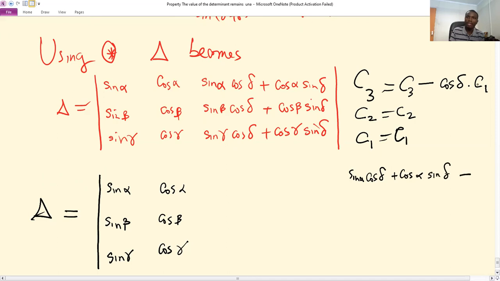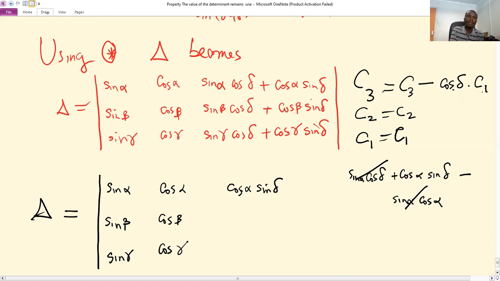When I subtract column 1 times cos delta, which is sine alpha times cos delta, this and this cancel out. So I remain with cos alpha sine delta. At least now I don't have a sum of two terms, I just have one term.